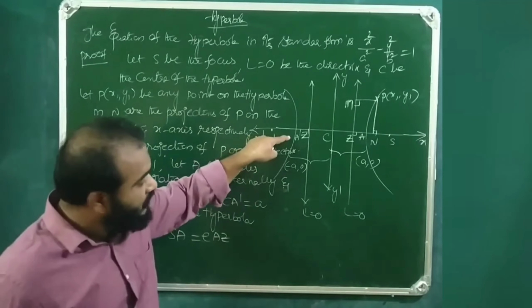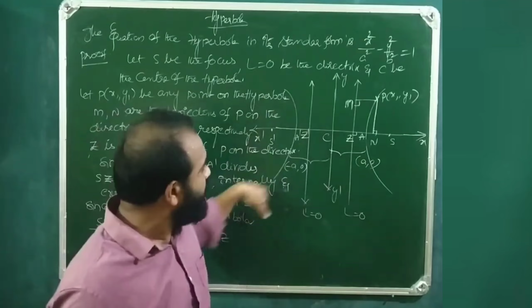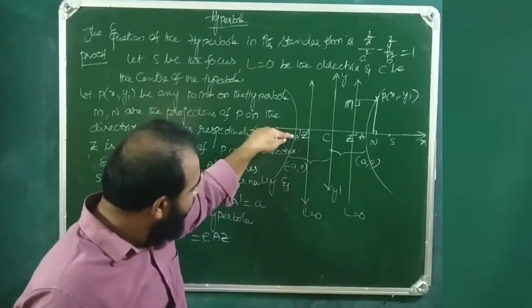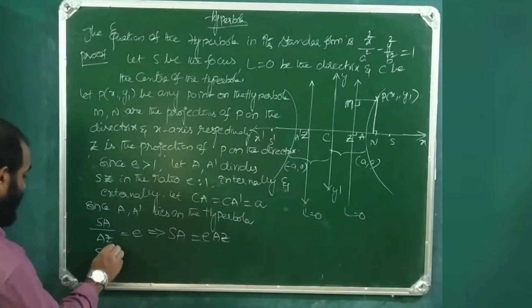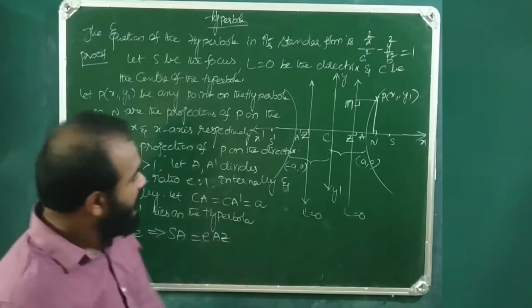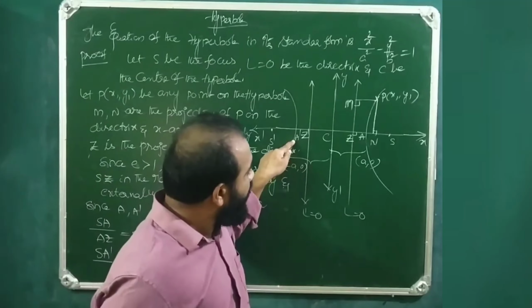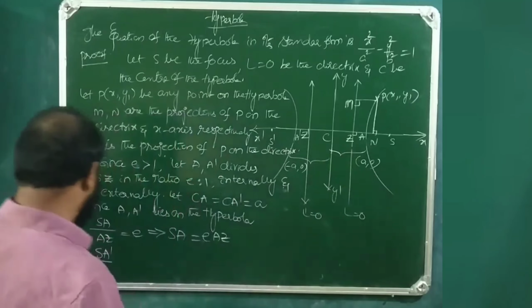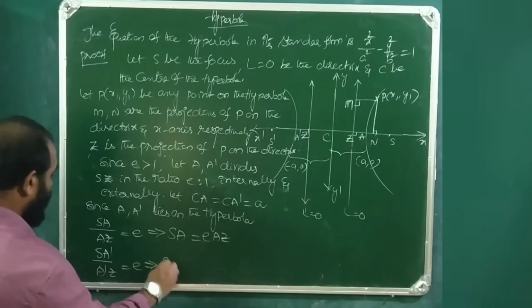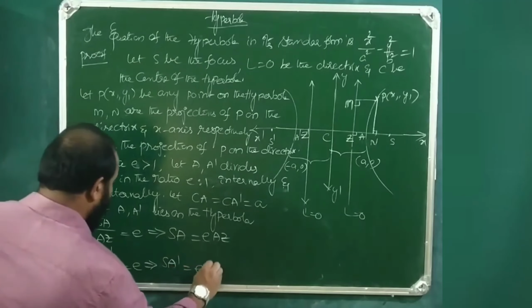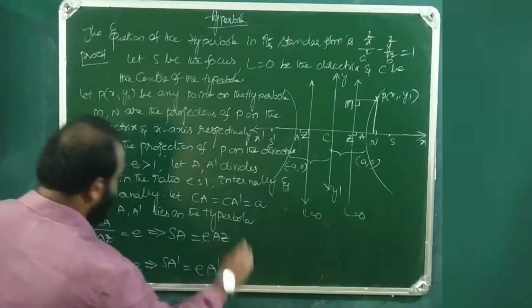Likewise, A dash is also a point on this hyperbola. So its distance from a fixed point SA dash by its distance from a fixed line A dash Z is equal to E. So SA dash equals E A dash Z.